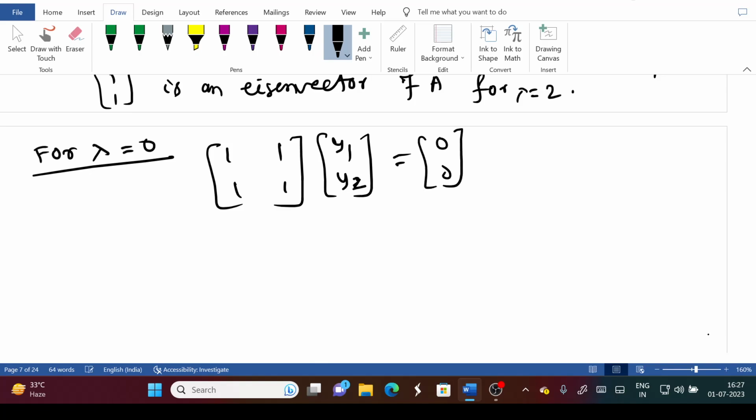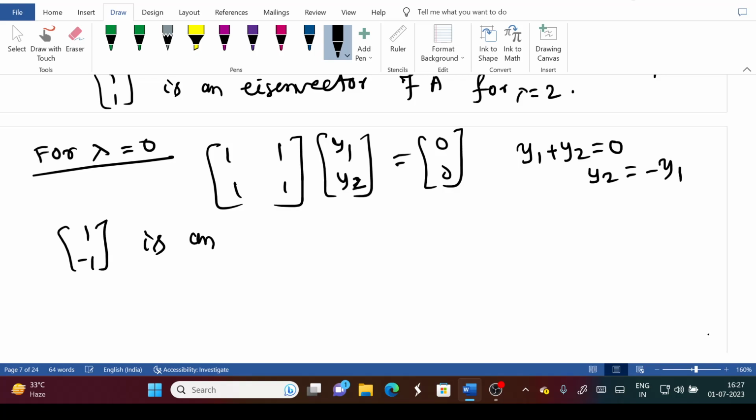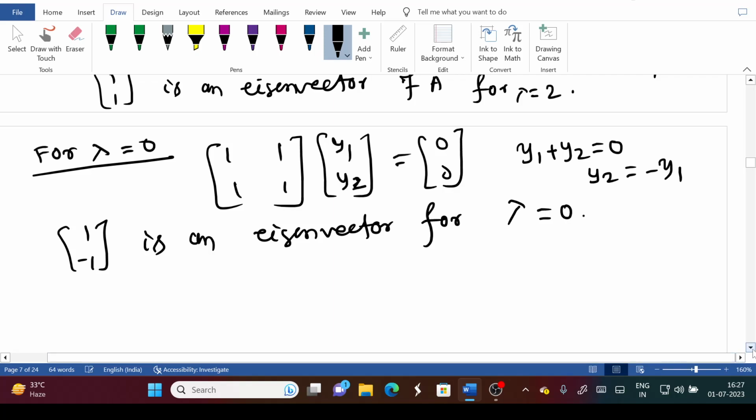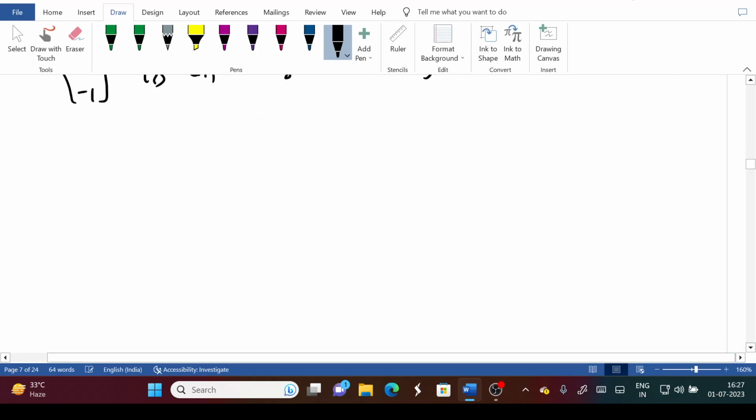The relation is y1 plus y2 is equal to 0, or y2 is equal to minus y1. So (1, -1) is an eigenvector for lambda equal to 0. So I got both the eigenvalues and the corresponding eigenvectors.